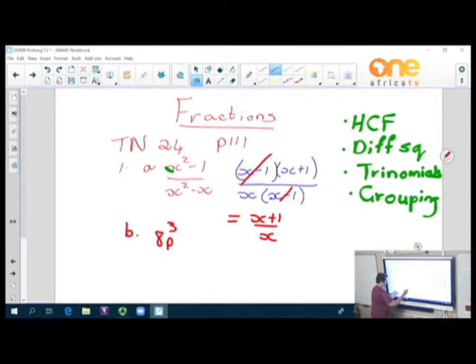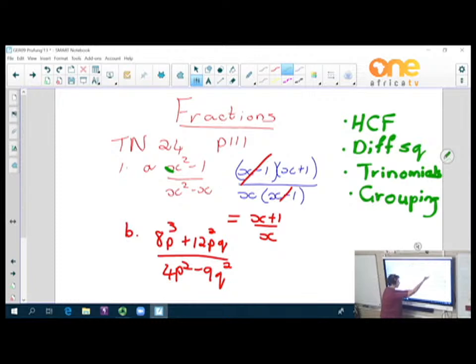8p to the power of 3 plus 12p squared q over 4p squared minus 9q squared. I must factorize. What am I going to do here? This one is the highest common factor, and what is common here is 4p squared. If we divide now, it will be 2p plus 3q.